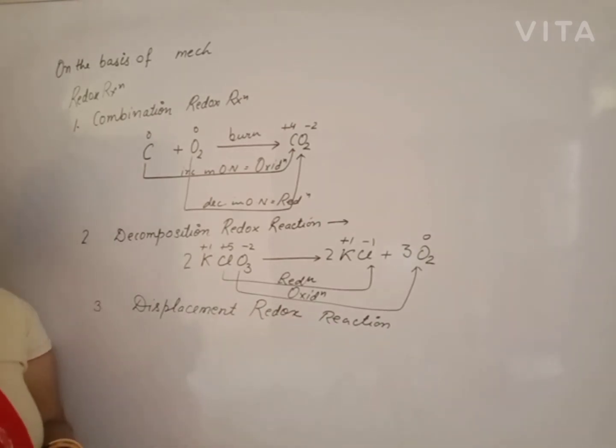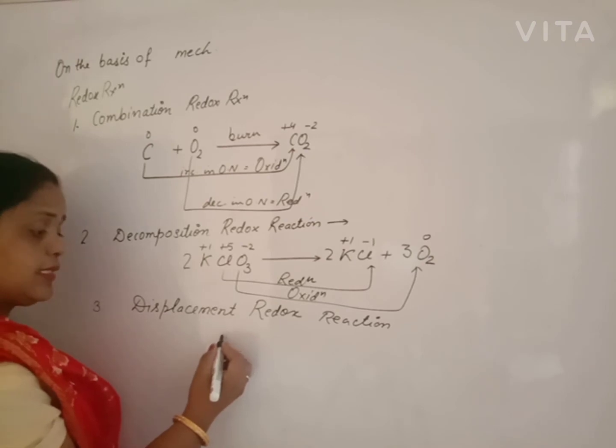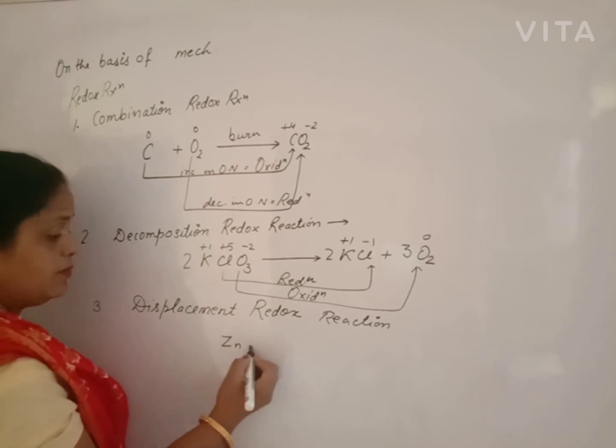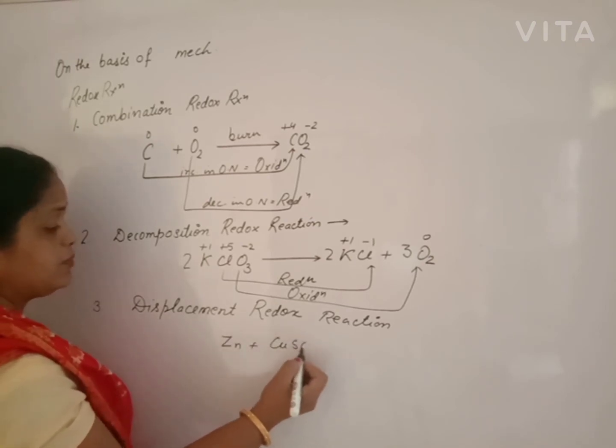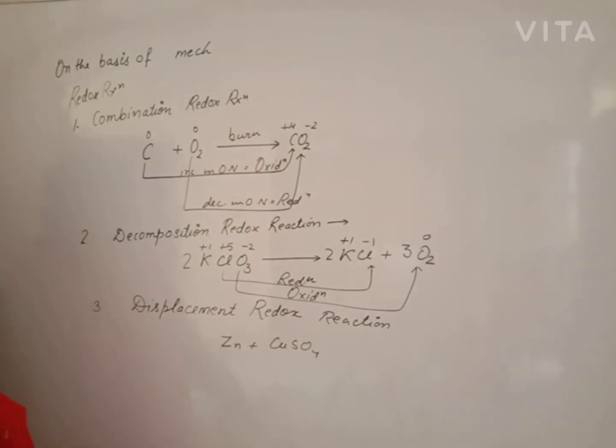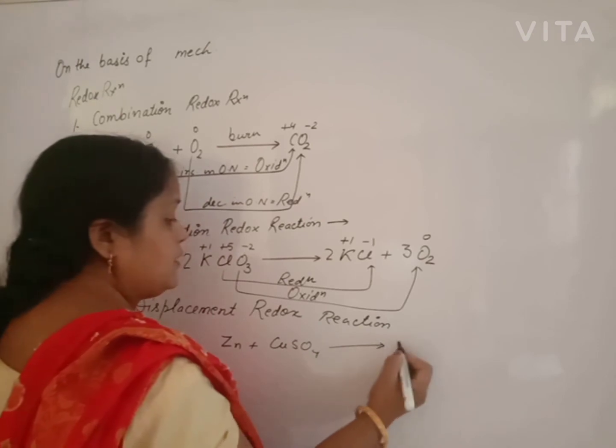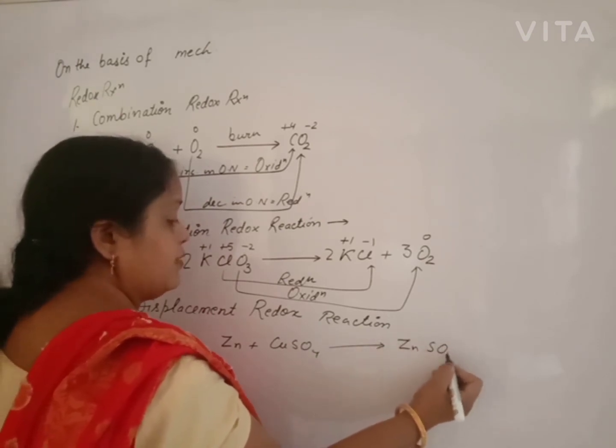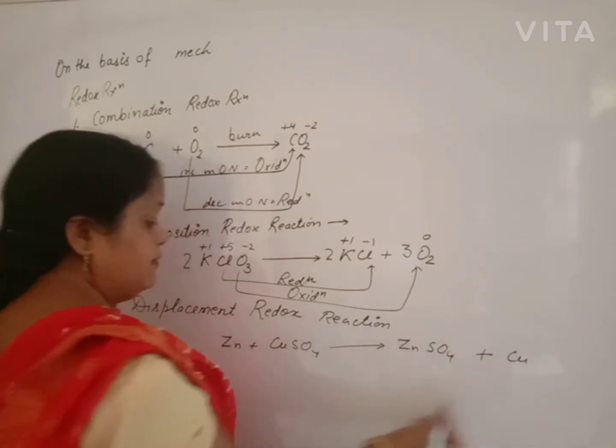During the reaction, more reactive component replaces less reactive component from its salt by changing oxidation number. One of the reactions you studied in direct indirect redox reaction is zinc plus copper sulfate. Beta, zinc is more reactive than copper. So zinc replaces the copper from its salt to give zinc sulfate plus copper.